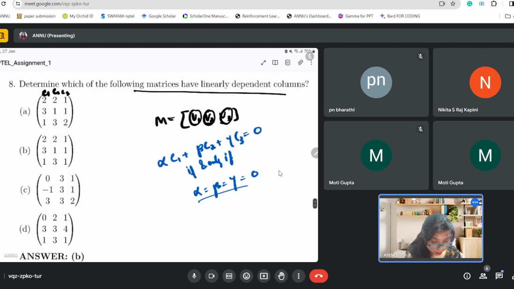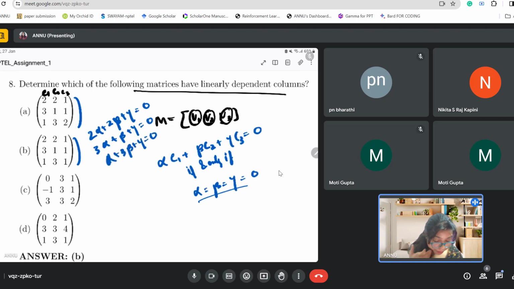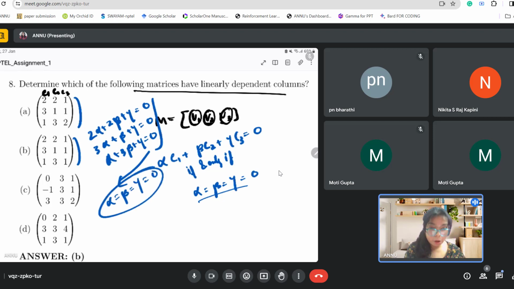You have to just check. Since the answer is B, I'll solve B only. 2 alpha plus 2 beta plus gamma equals 0. Then 3 alpha plus beta plus gamma equals 0. Then 1 alpha plus 3 beta plus gamma equals 0. Then you have to solve and check whether the only solution is alpha equals beta equals gamma equals 0. Then only it will be linearly independent. Okay, I hope you understand.